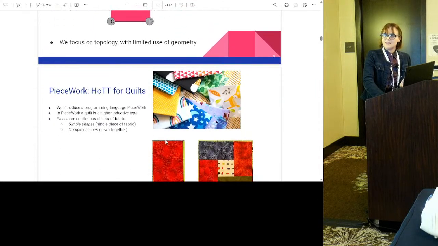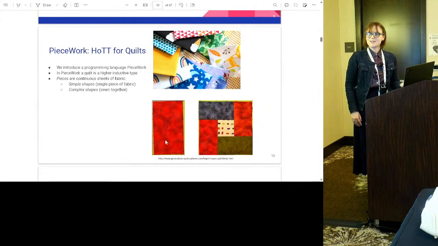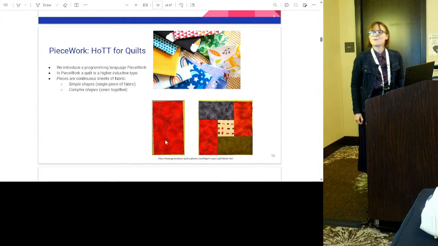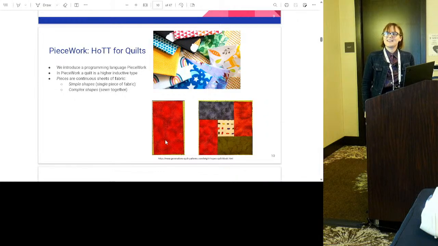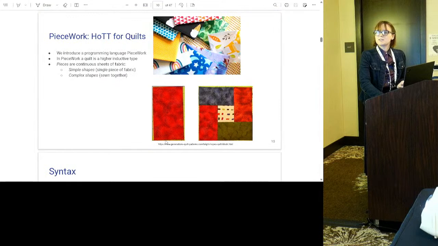So now we can get into talking about what this language actually is. It is called piecework, and it is homotopy type theory for quilts. The very fundamental objects that we're dealing with in piecework are pieces, of course, pieces of fabric. There are two main types of fabric that we're going to talk about in piecework that form our quilts. You can have fabric like this red rectangle here.